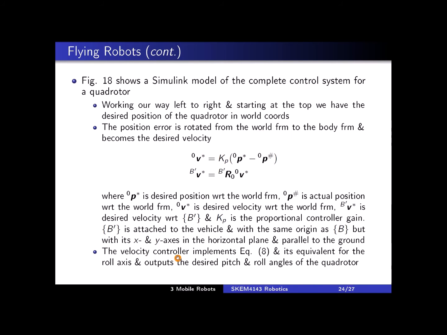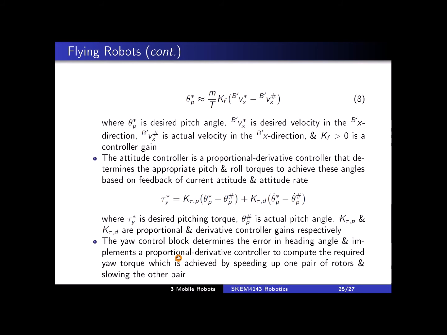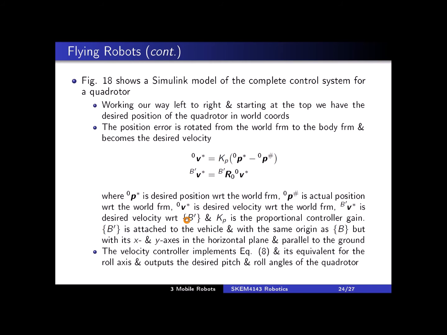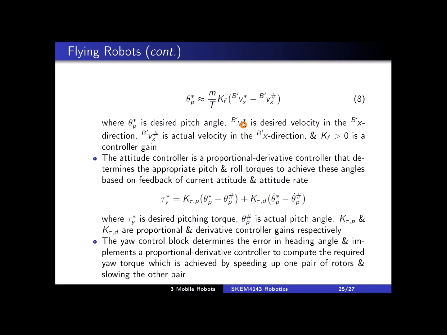So next, let's look at the velocity controller. One thing you have to notice is that the output of our position controller, which is v star b prime, becomes the input to the velocity controller.